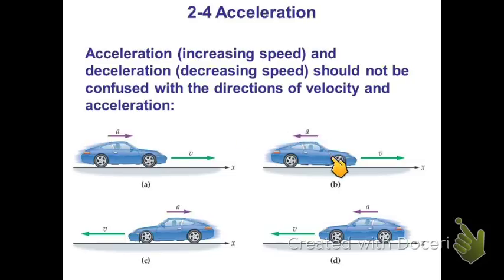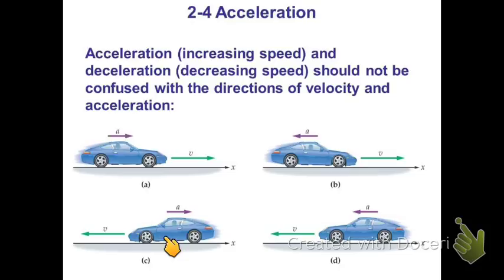In the next picture, everything is the same except the direction of the acceleration. Now the acceleration is in the opposite direction to the velocity of the car. So in this case, the car is slowing down. Its velocity is decreasing.